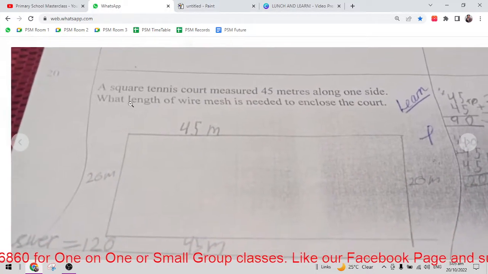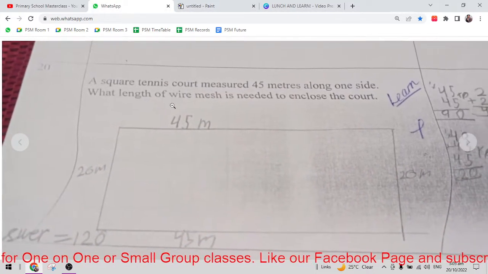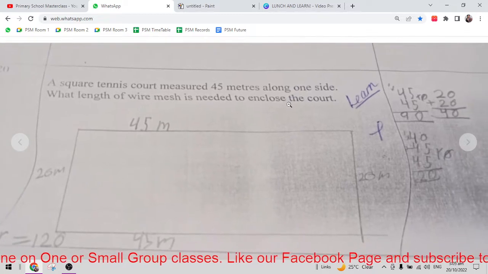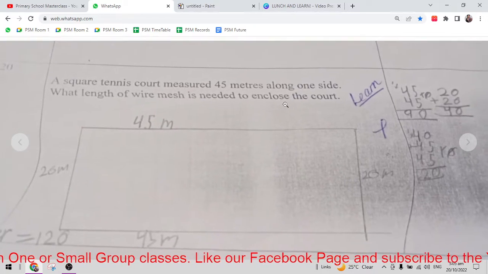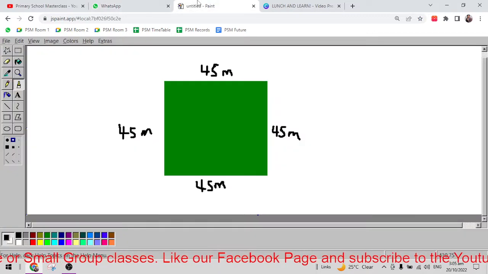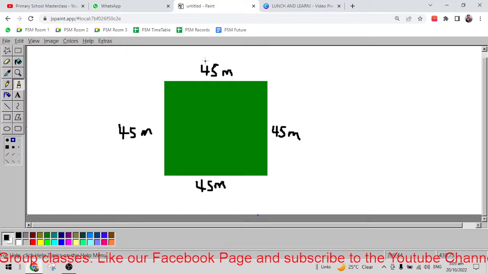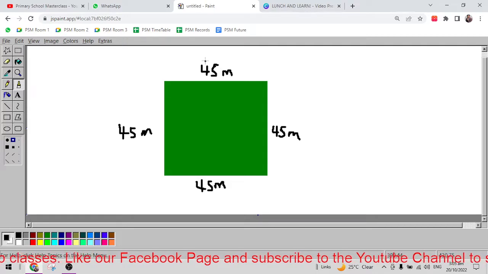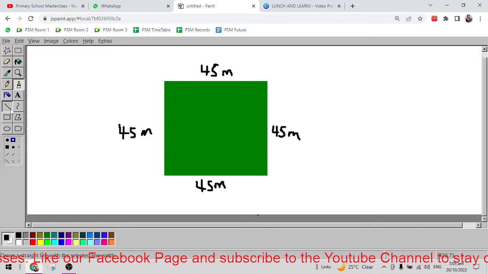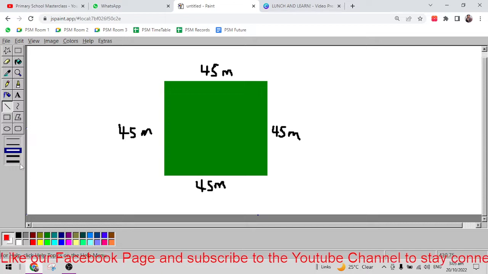Then the question says, what length of wire mesh is needed to enclose the court? So wire mesh, basically, I think you want to fence it around. You want to put it along the perimeter. I'll highlight that in red.